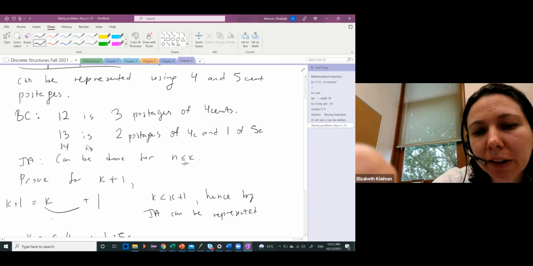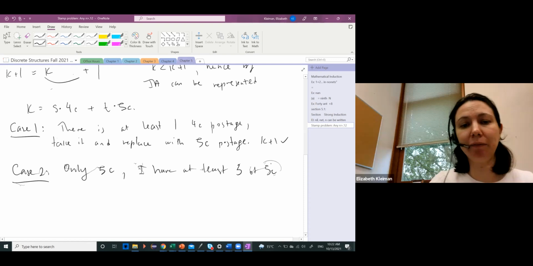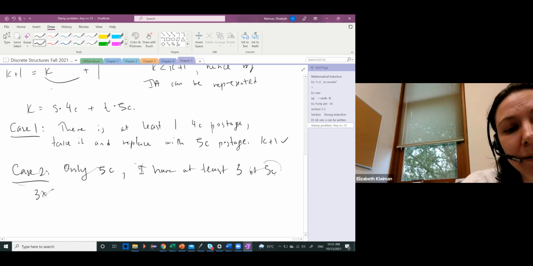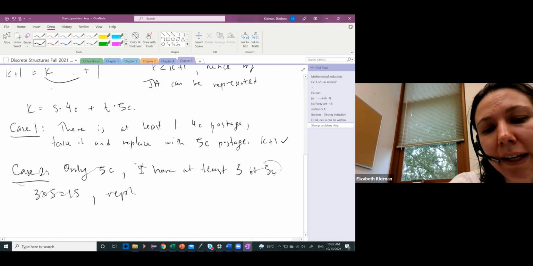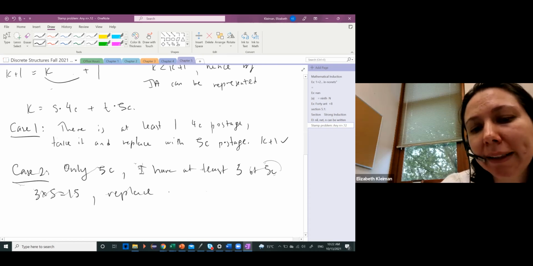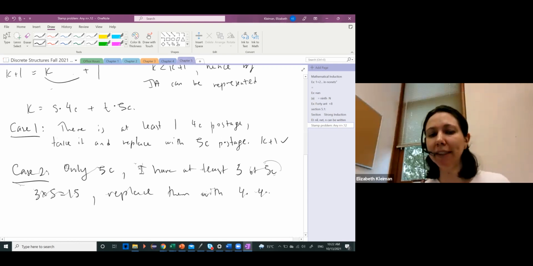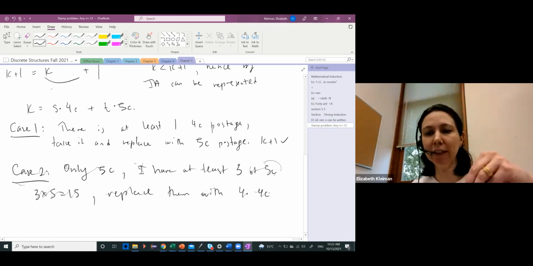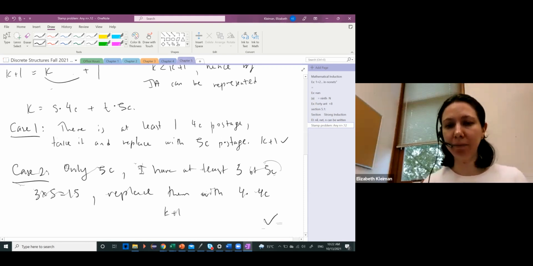We will come back to it. But then it's 3 or more 5 cents, correct? But 3 multiplied by 5 is 15, correct? Replace them all with 4 multiplied by 4 cents, which is going to be 16, correct? So instead of 15, I now have 16. So I got my k plus 1 and I'm done.